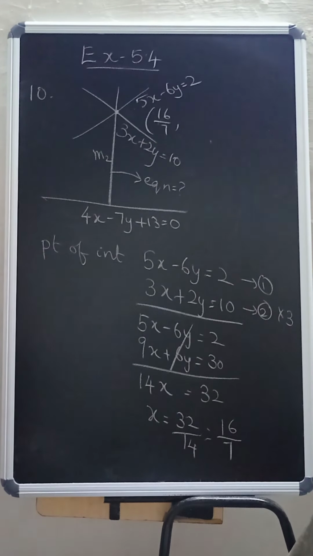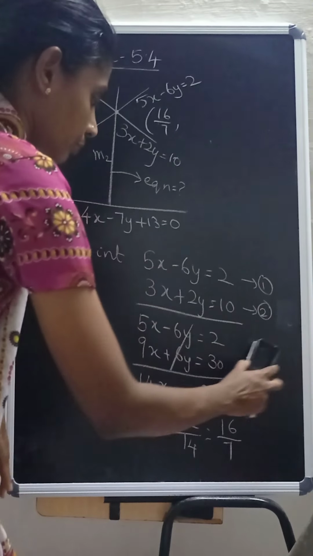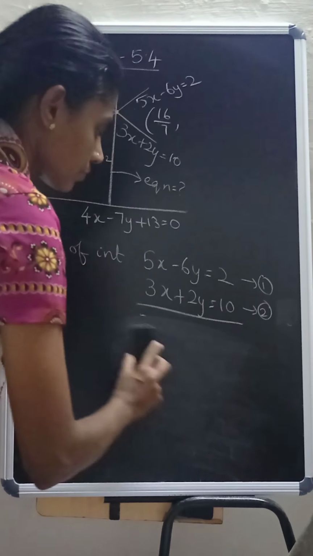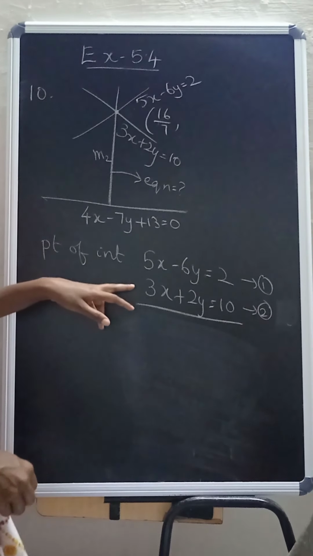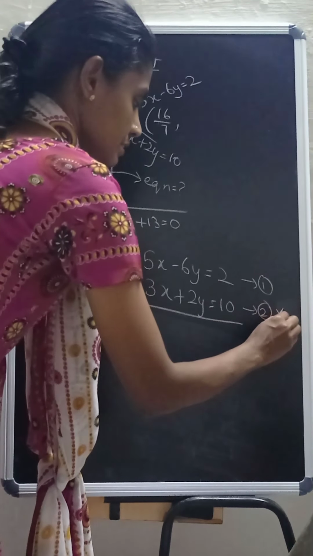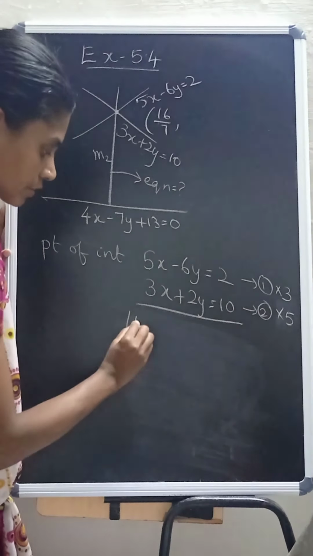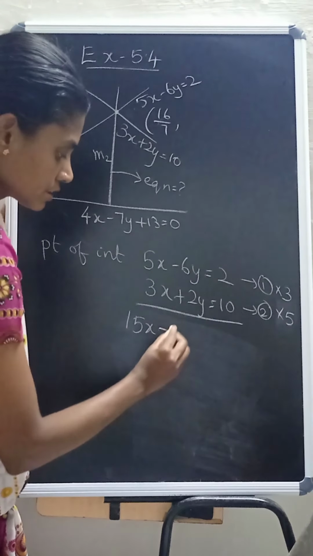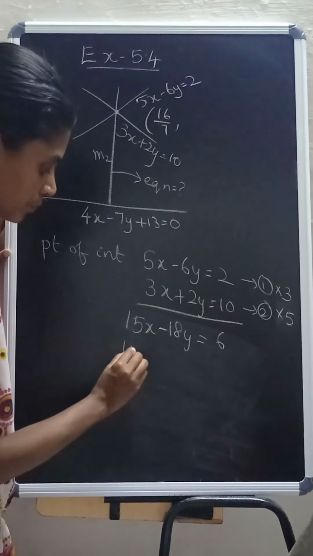Now we will find the y coordinate. Instead of substituting, I am going to again solve the equation and find out. So now I am going to cancel x. So I will multiply this equation by 5 and this equation by 3. 6 3s are 18, y is equal to 2 3s are 6.